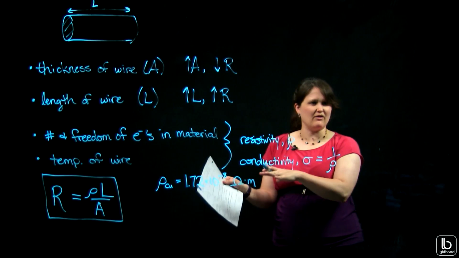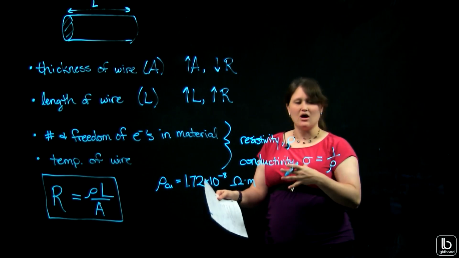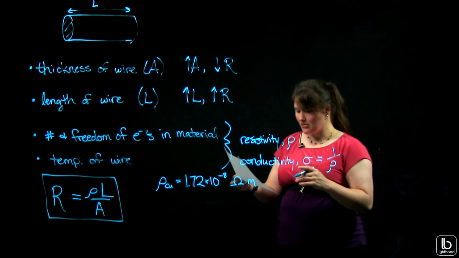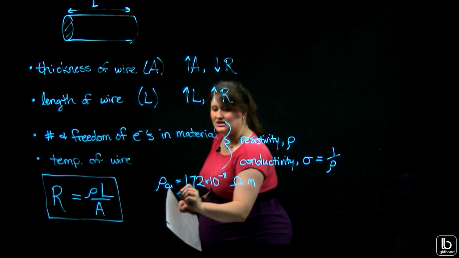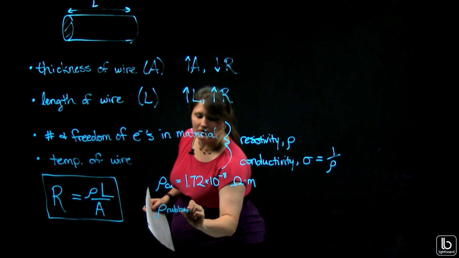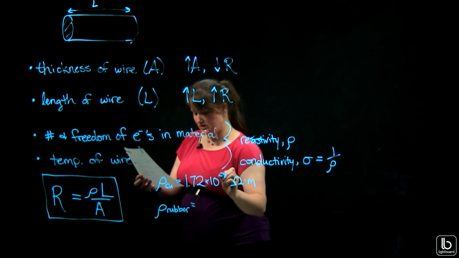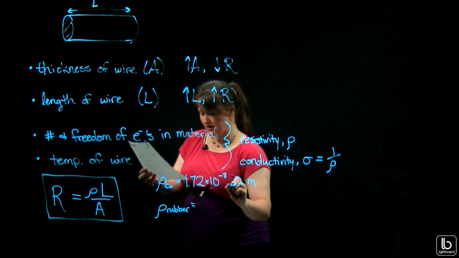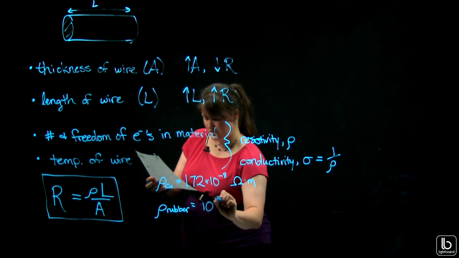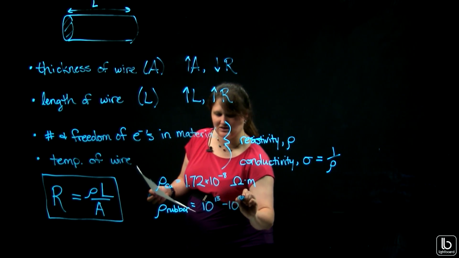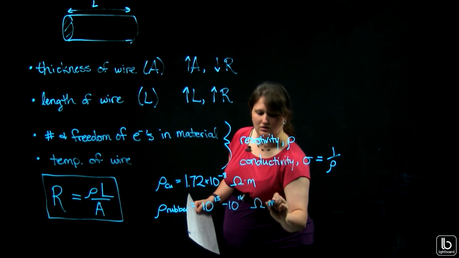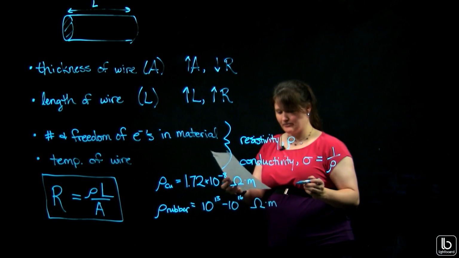I'm just going to give you a few resistivities just so you have a point of reference, so you know how the resistivity of copper compares to, say, the resistivity of rubber, which incidentally is something like 10 to the 13th to 10 to the 16th ohm meters.